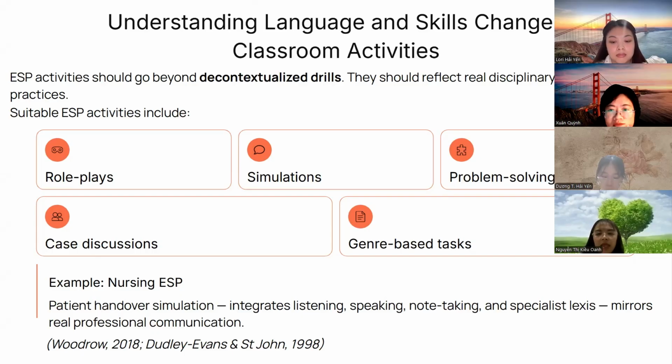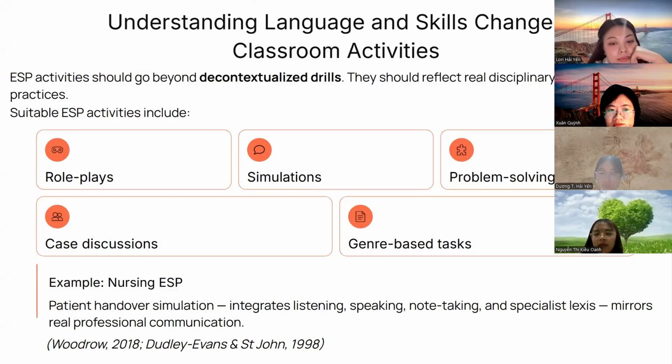Suitable ESP activities may include role plays, simulations, problem-solving tasks, case discussions, and project-based tasks. These activities are useful because they bring learners closer to the kinds of communication they will actually perform. A good example is nursing ESP.